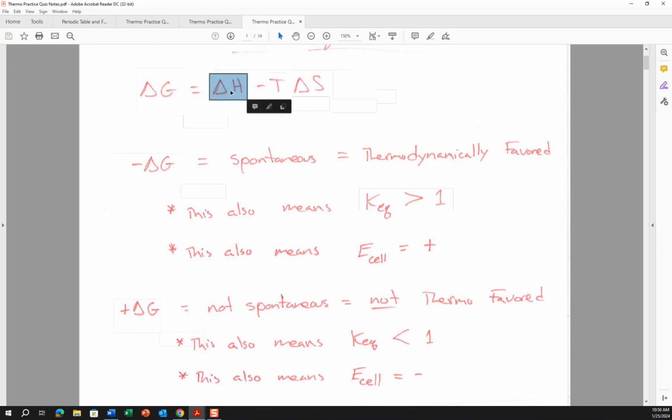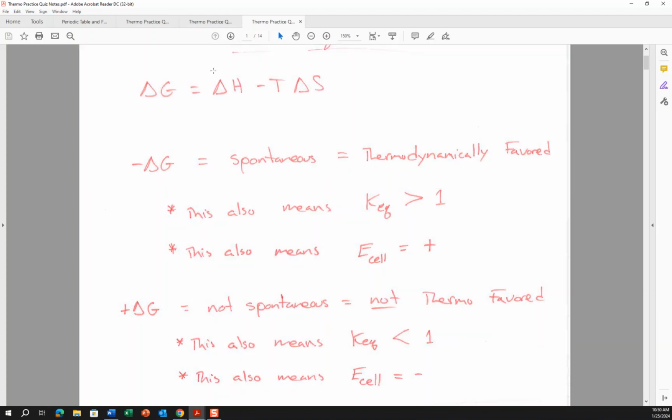No matter what you plug in for the temperature, this equation is going to yield a negative delta G. So what is that telling you? It's telling you when a reaction is exothermic, but it also has a positive delta S, which means it increases in entropy, the reaction will always be spontaneous no matter what the temperature. You will always end up with a negative delta G.